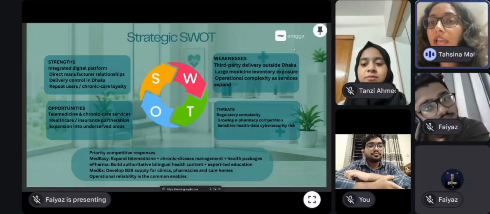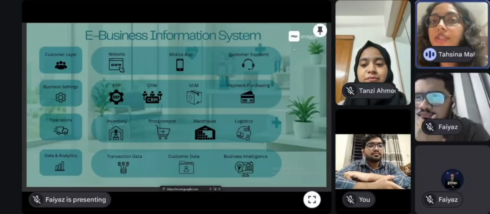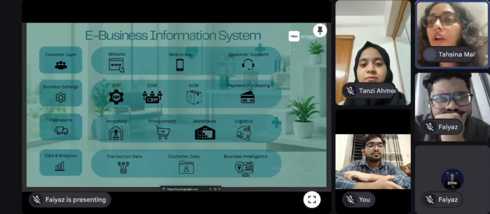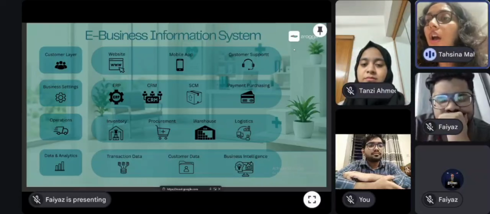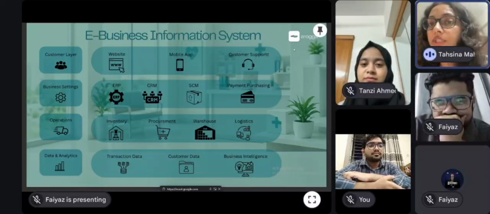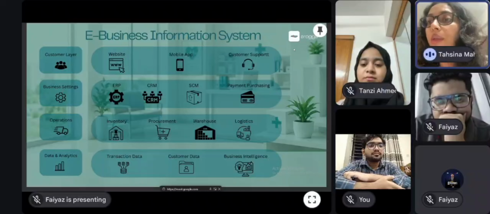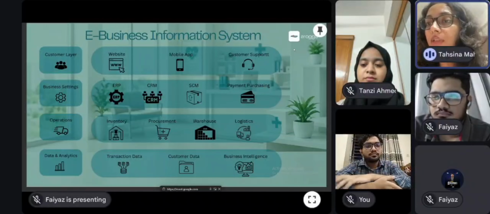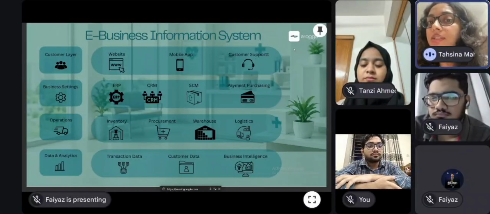Moving on to the next slide, the e-business information system. This slide shows the information system supporting Arogga's business operations. At the customer layer, there are the website, mobile app, and customer support. Behind this, there are ERP, CRM, SCM, payment, and purchasing systems that support business activities.